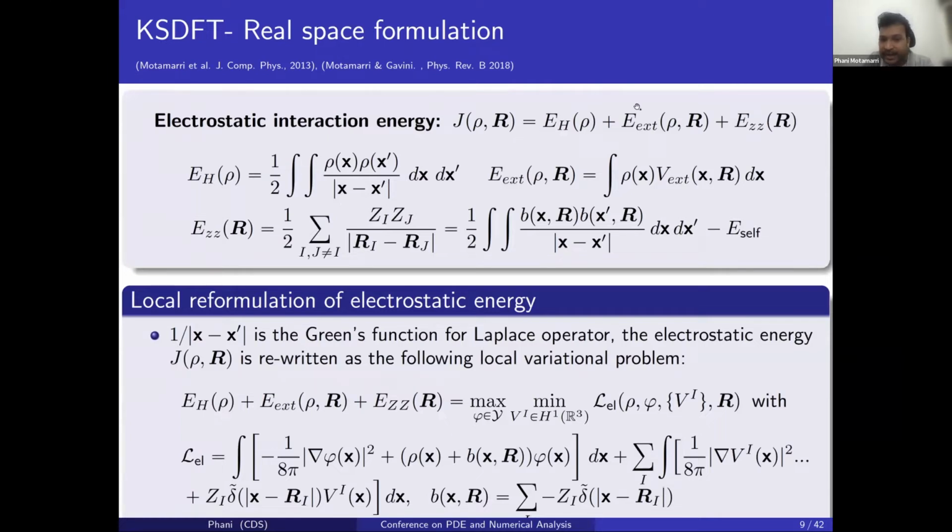And we can write this electrostatic energy as a max-min problem over this auxiliary potential phi, which arises because of the electron density and the nuclear charge distribution, and this Vi, the self-potential, which arises because of this nuclear charge distribution b. This electrostatic energy can now be written in a local form by introducing these auxiliary potentials.